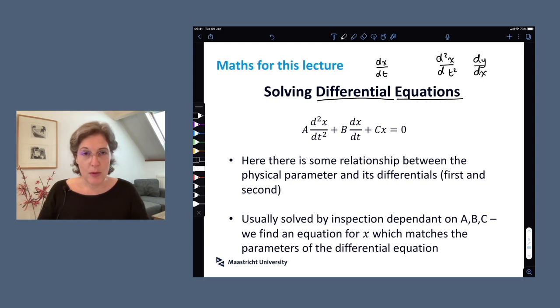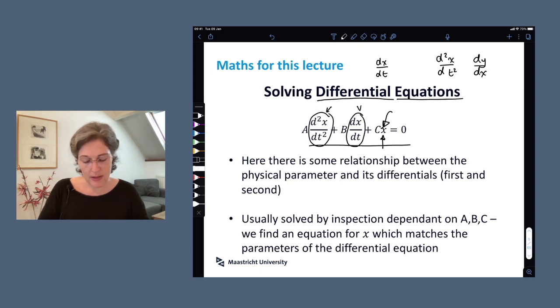Now, this might seem a little bit weird, but actually you've been working with differential equations without realizing it. Because if you have a look at this example that we've got over here, if we think of x as our displacement, then what we're really doing when we write down a differential equation like this one is we're saying there is a relationship between the displacement and the velocity and the acceleration.